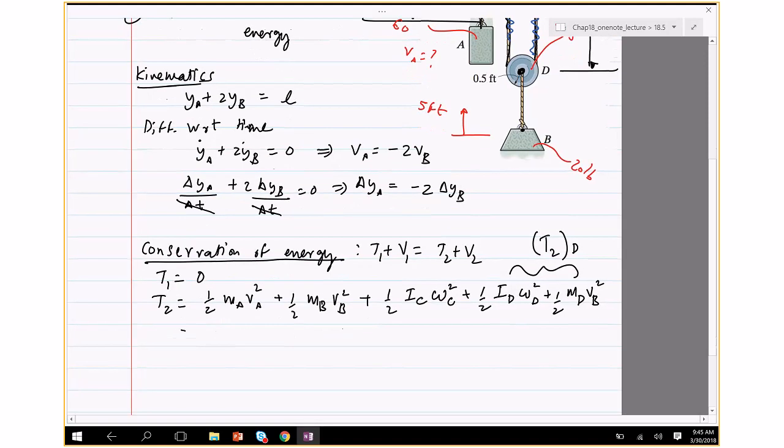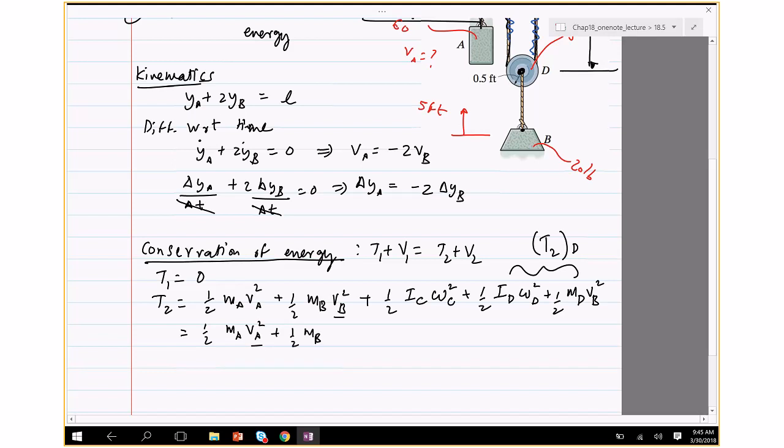Okay, so let's try to find what these things are. Half MA VA square. Let's try to solve everything in terms of VA. MA, MB, IC, ID, all these things are given, right? The only thing we want you to find is the relation between VA, VB, omega C, omega D, and VB. So I'm going to keep everything in terms of VA, because VA is the unknown, plus half MB.